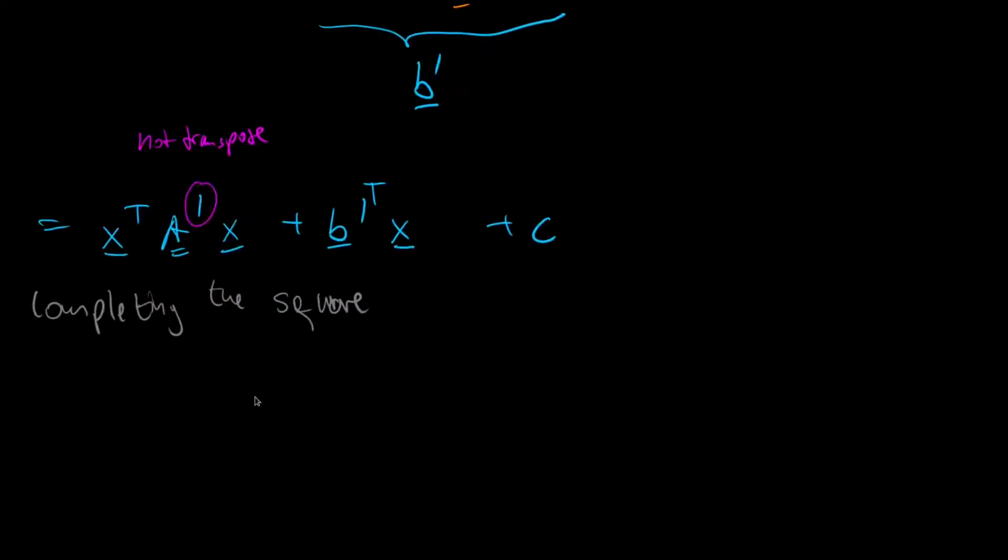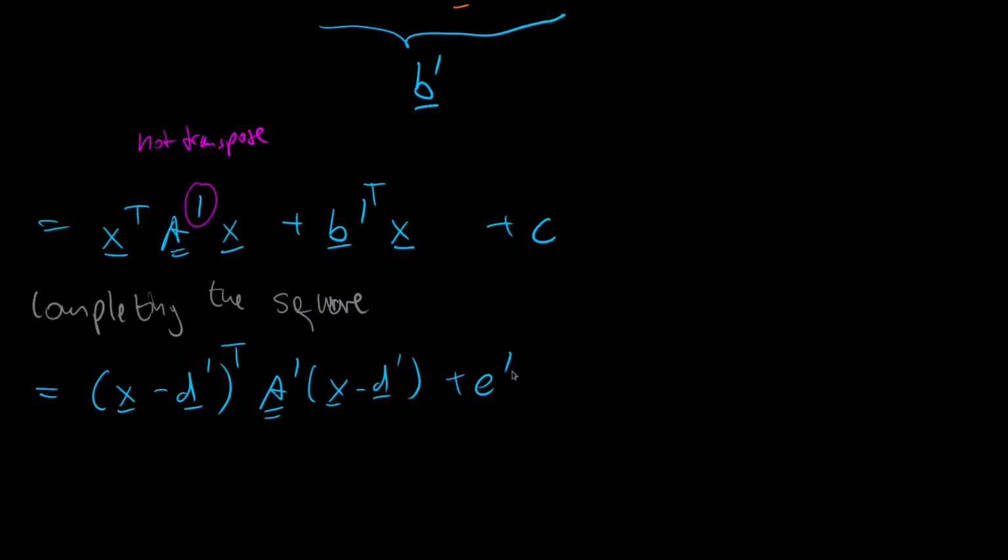This is transforming our equation into the following form of x minus a vector d prime, transpose, times a matrix A prime times x minus d prime in brackets, plus an e prime, and e prime is just an additional scalar here. And we see then we just have a quadratic form again without the linear term, and this is where we will be heading.